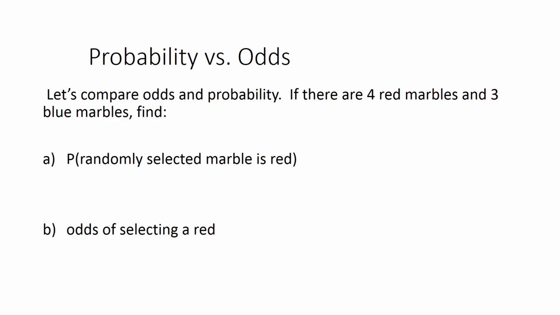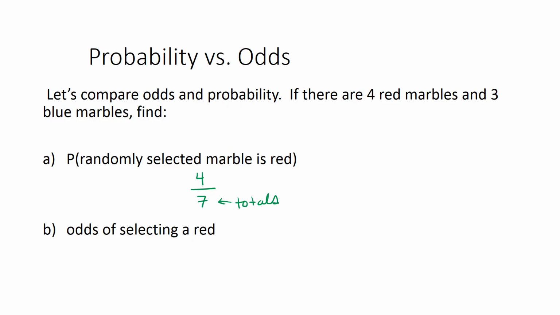Let's compare probability and odds. If there are 4 red marbles and 3 blue marbles, find the probability a randomly selected marble is red. So we know there's a total of 7. When we talk about probability, we say how many in the event over the total number. So there's 4 red marbles out of 7. This is the total.